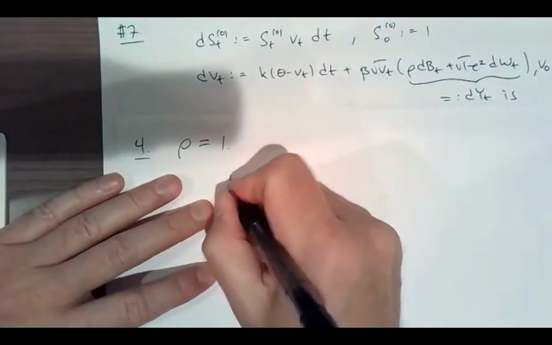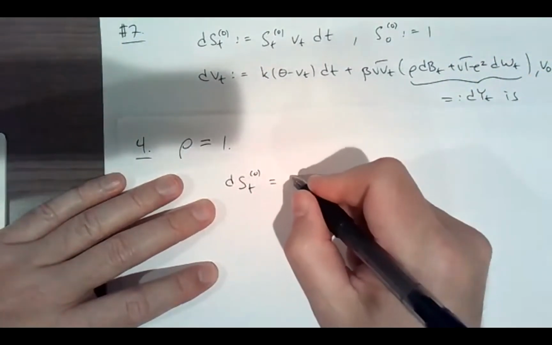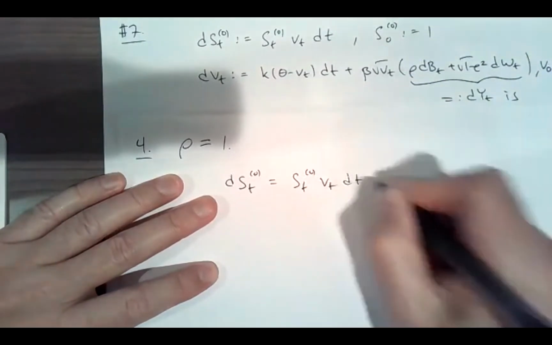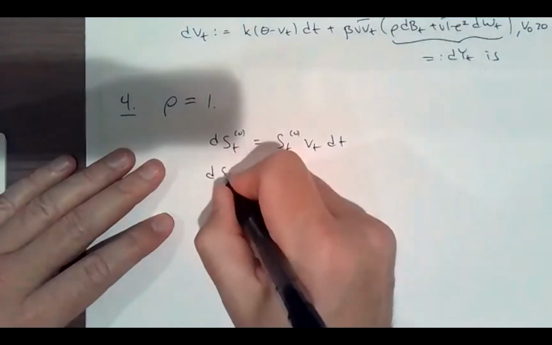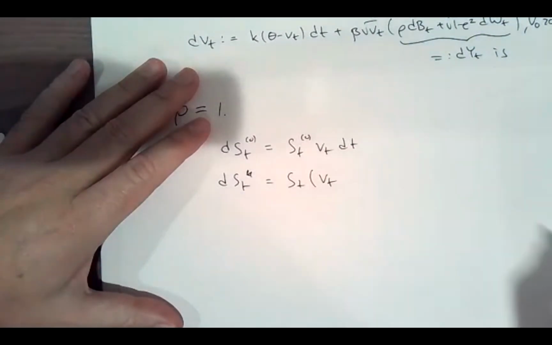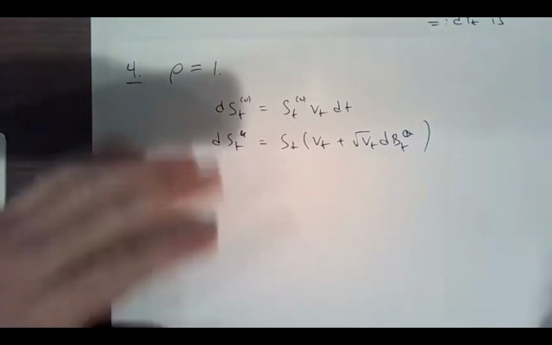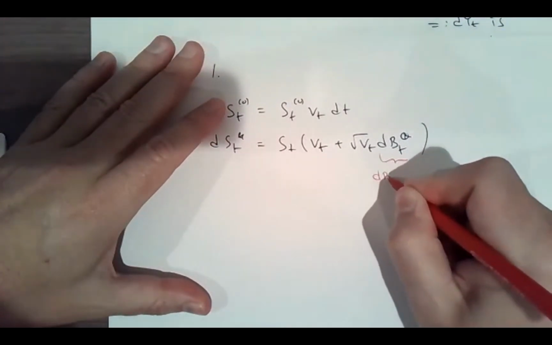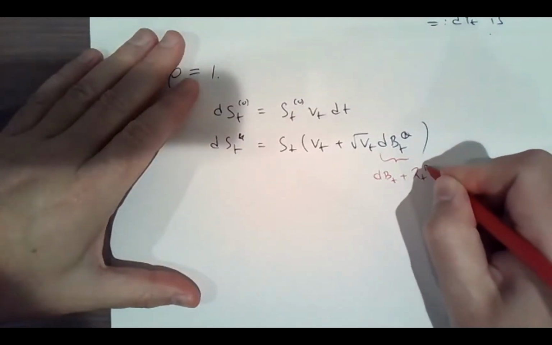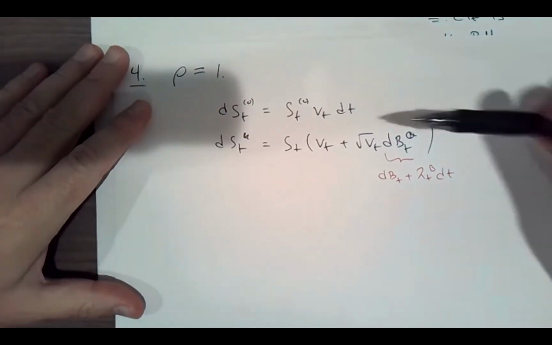So now the model is that we have a stock, and we're writing down dynamics under Q. If I write down the stock dynamics under the risk neutral measure, I'm going to get the rate to be V_t, and then the volatility was square root V_t dB_t^Q. Remember, this was dB_t plus lambda_t^B dt.